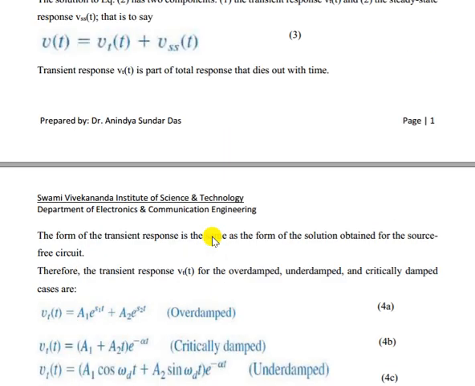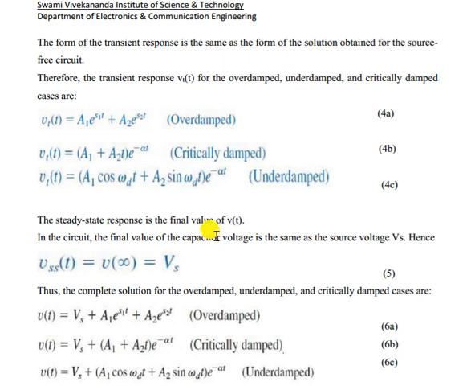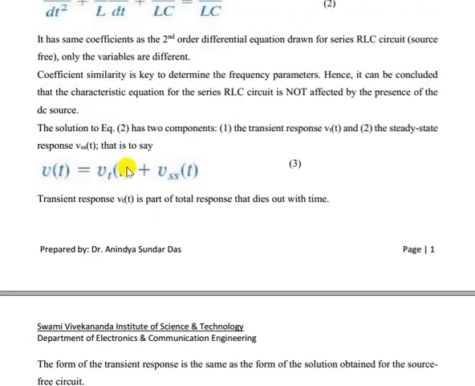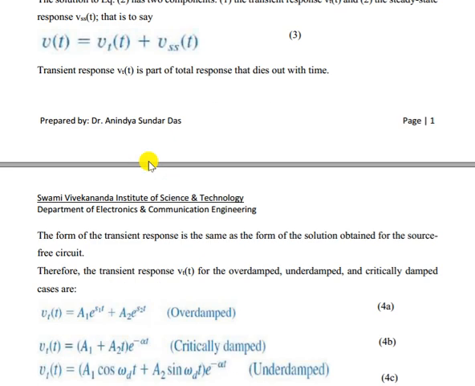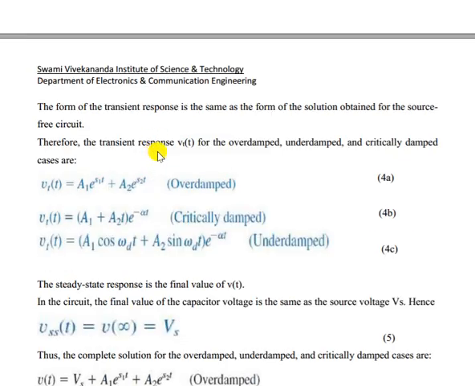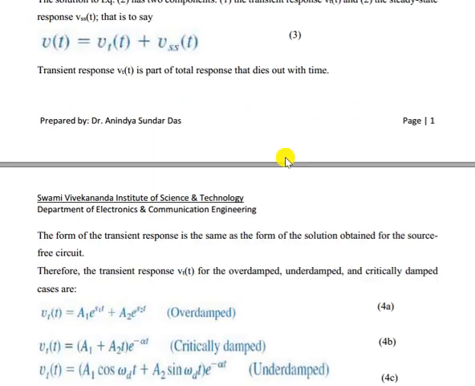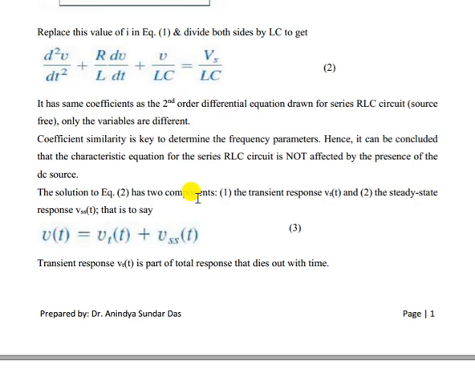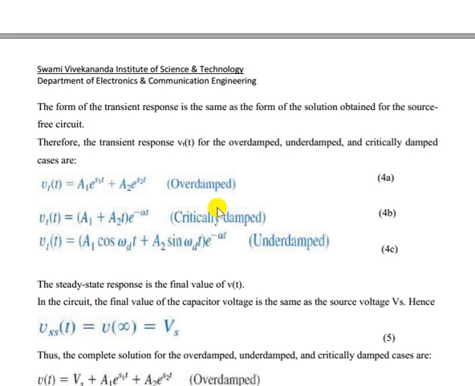Now the transient response will be the same as the source free circuit. That means it depends on the value of the roots. So from this equation we can find the roots just like the previous case, that is, we can find alpha and omega 0. For a series circuit alpha is nothing but R by 2L and omega 0 is 1 by root of LC.